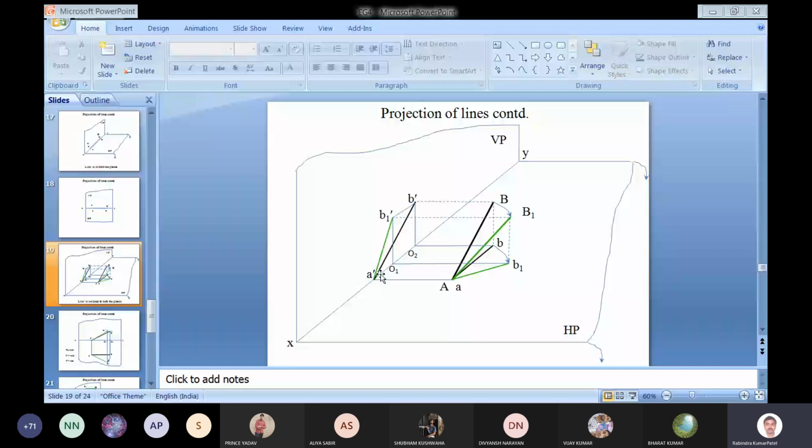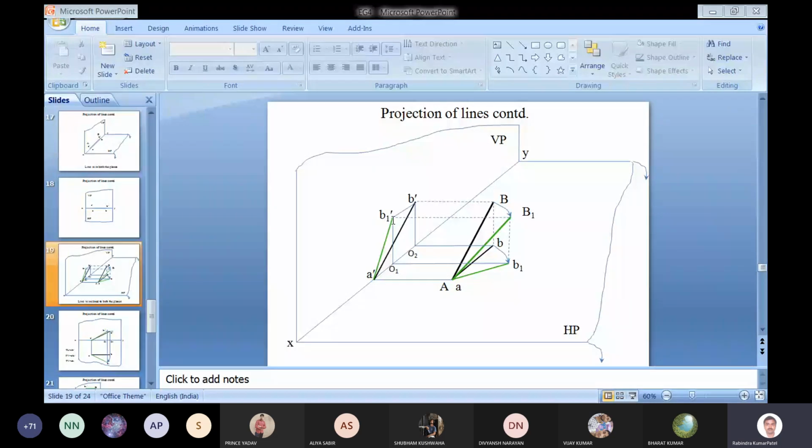So in this way we have the projection of this simple line which is inclined to the horizontal plane and parallel to the vertical plane. And when we rotate this line, we will get the new line AB1, and AB1 has its projection a b1 on the horizontal plane. Similarly, we can draw a projection line here, and move another vertical line in this direction.